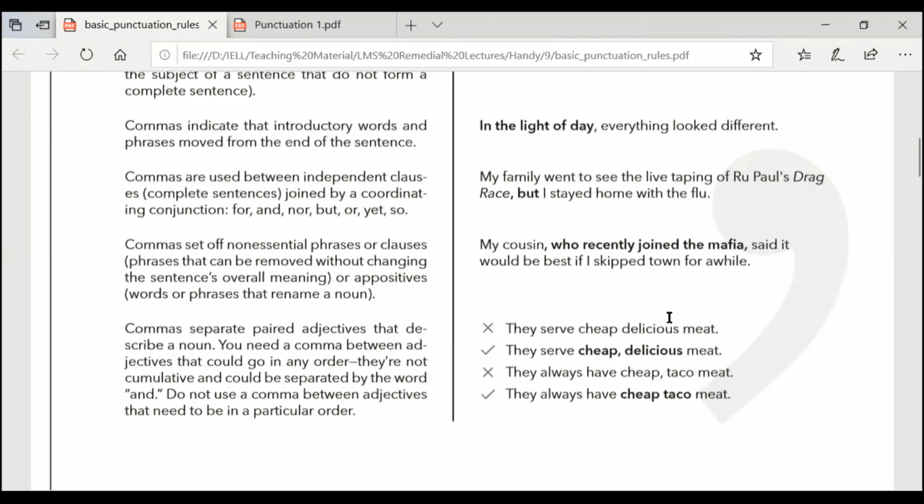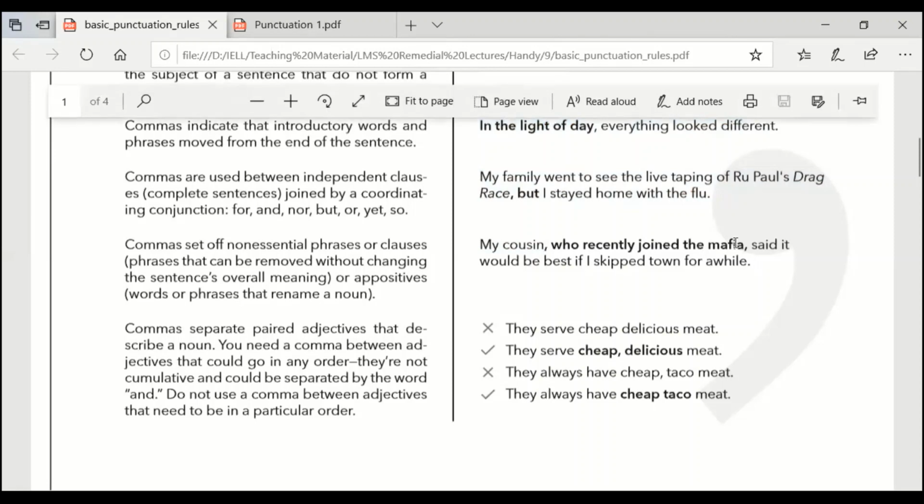The main sentence idea is that my cousin told me that I should skip town for a while. But I have added this information in the bold, who recently joined the mafia, to tell more context about the reliability of my cousin. So that is extra information that I have put in the sentence.